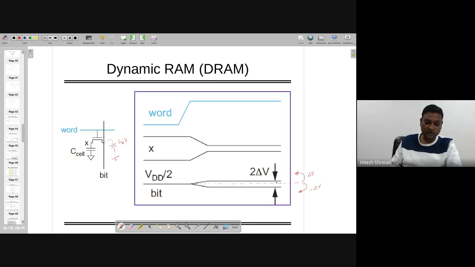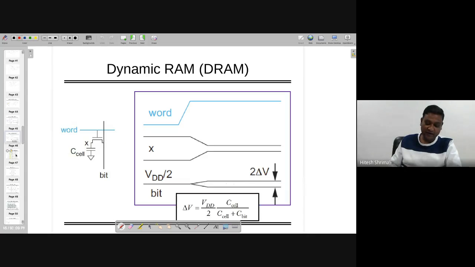So effectively it's a 2 delta V, and this delta V is nothing but, if you look at this, if this is CBIT, when this is on, delta V is equal to the VDD by 2, which was already there with us, and this was charged with VDD by 2, and it's going to be multiplied by C cell divided by C cell plus CBIT, as written over here, right?